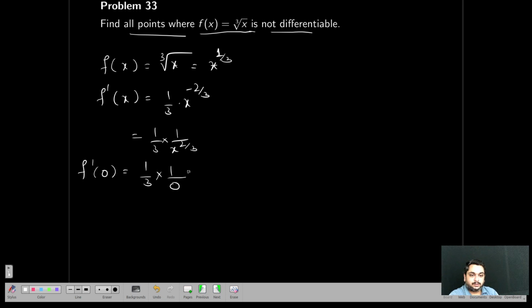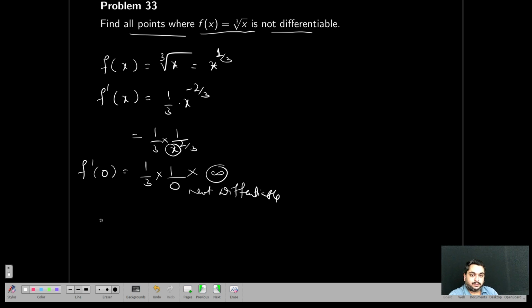So this is not differentiable because I'll get infinity. I will get a vertical tangent, vertical asymptote. But for any other values of x, like minus 1, minus 2, minus 3, or plus 1, plus 2, plus 3, it will work.